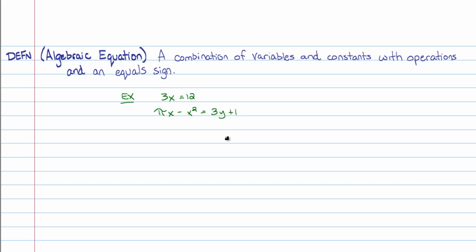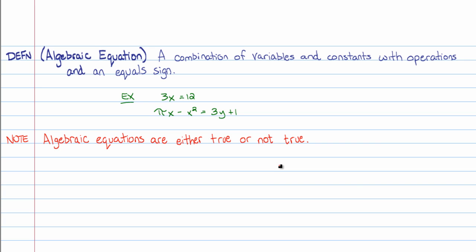However, it also turns out that algebraic equations are essentially statements that are either true or not true. They're essentially the mathematical equivalent of a claim that somebody makes, like in English. Somebody speaking with spoken language instead of mathematics would say something like, I have $300, or the amount that I have in my wallet is $300.